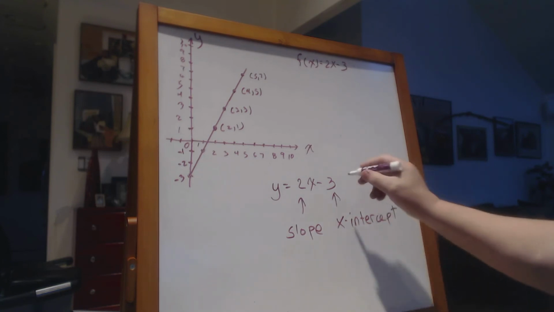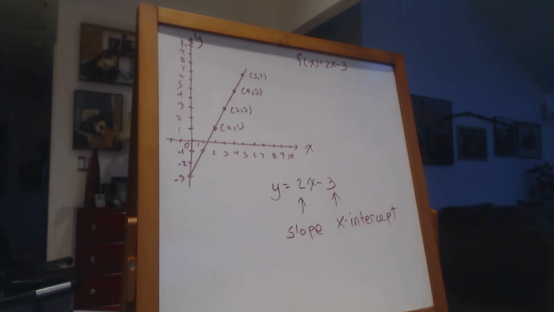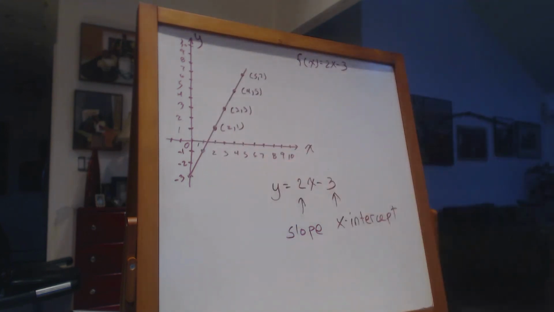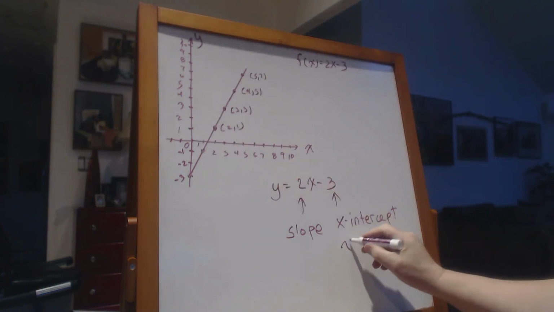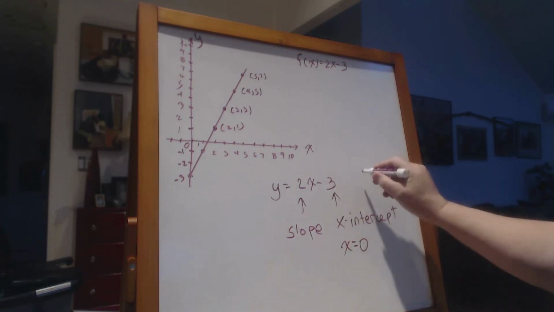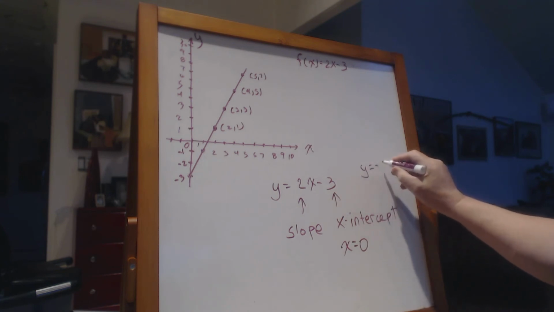And that is the value where the function crosses the y-axis when x is 0. So when x is 0, y equals minus 3.